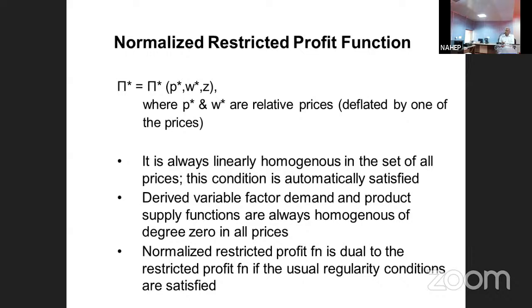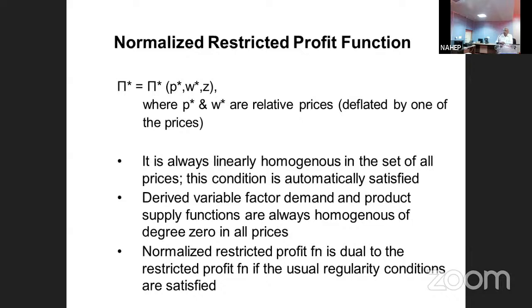So, what is the profit? We have the gross receipt minus cost. So it becomes a function of output prices, input prices, wages, and fixed factors. Once you fit the profit function, you can work out the factor demand equation and the output supply equation.